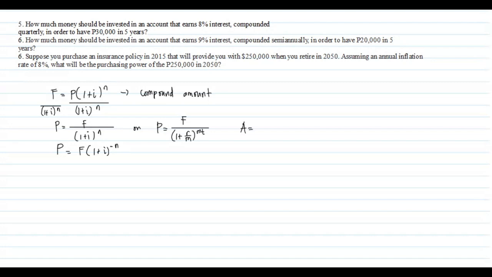If it has different variables, just like what we use with A, it would be P is equal to A divided by 1 plus R over N raised to NT. Same case lang ito.